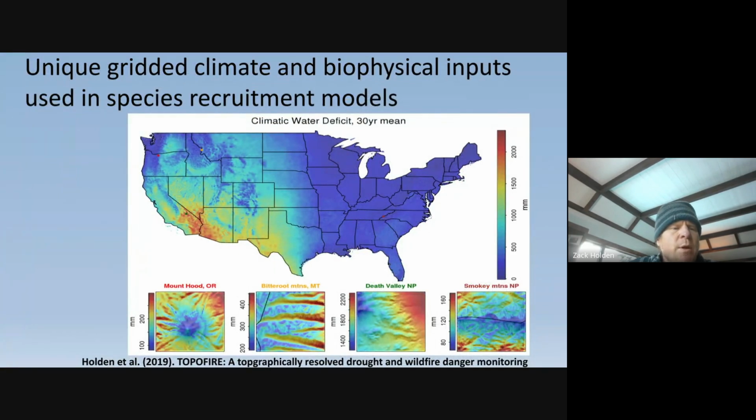I think one of the strongest things about Regen Mapper is the underlying climatic and biophysical layers that we have inside the tool. This is basically a 250-meter product I developed some years ago for CONUS. This is just showing climatic water balance deficit. A lot of work to get here to show basically differences on north versus south facing slopes and moisture and energy. Next slide.